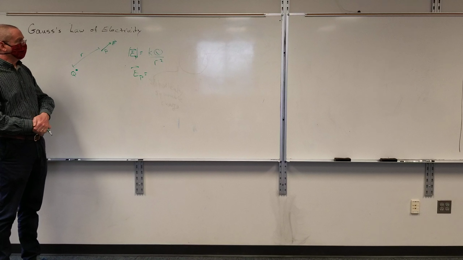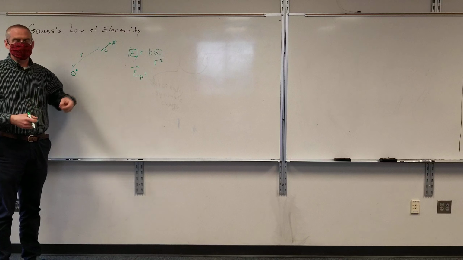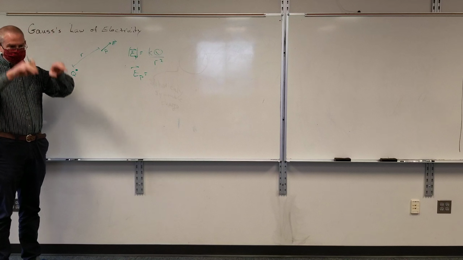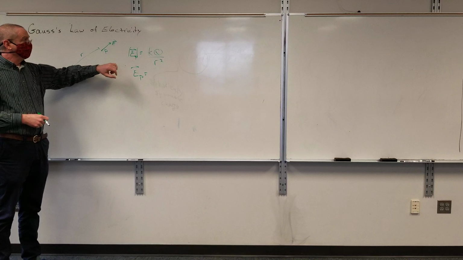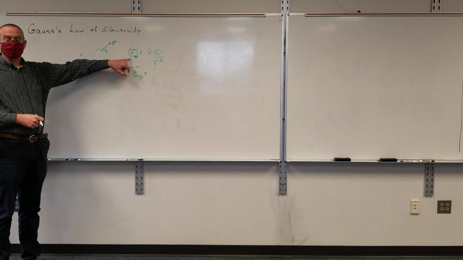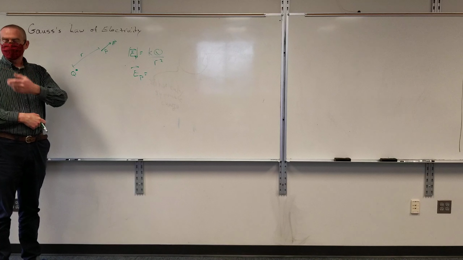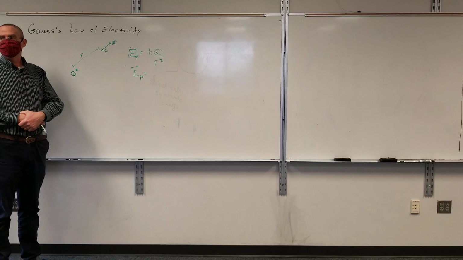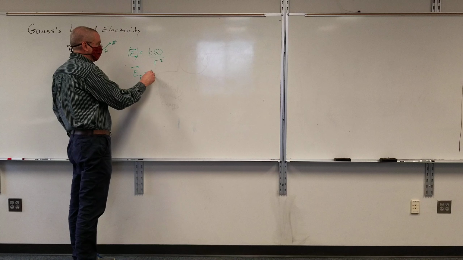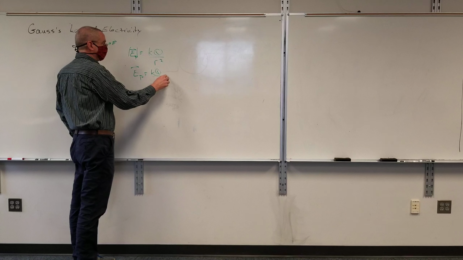Yeah, that's not the absolute value symbol right here, and maybe one of these days I'll go to the double lines on the outside instead of the single lines. But that's just for the magnitude. So we just need the direction as well. So how would you represent that? R hat. Yeah. So it's KQ over R squared, R hat.